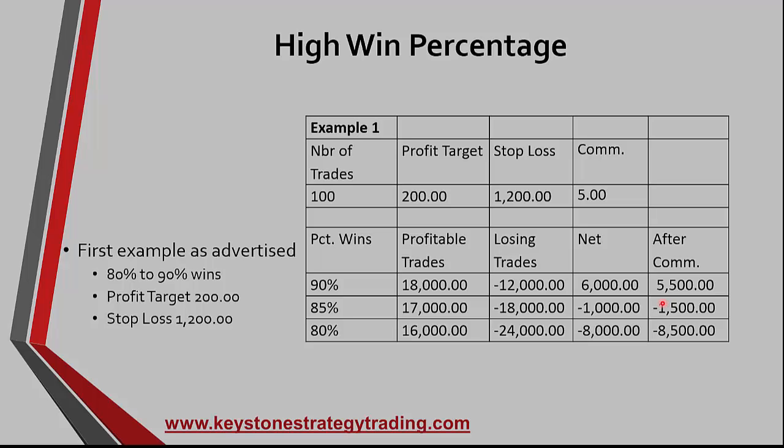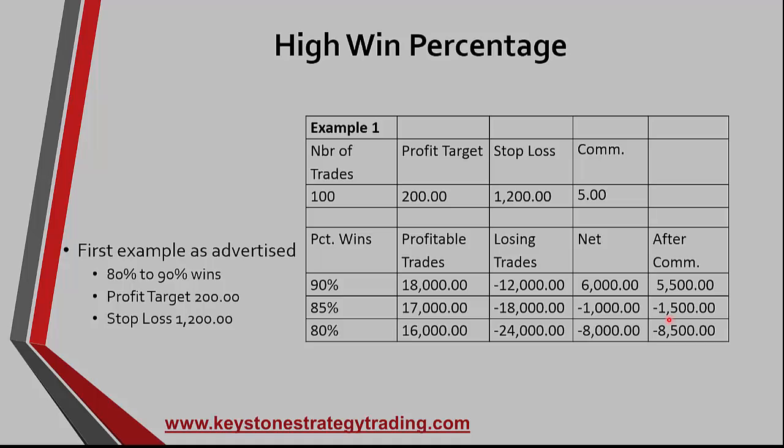Now let's say that percentage actually dropped down to 85%. If we do the same calculation, we do 85 times 200, we get 17,000. And if we do 15 times 1,200, we get a negative 18,000 for a net of minus 1,000. And then we factor in our trading commission, and we get a negative $1,500.